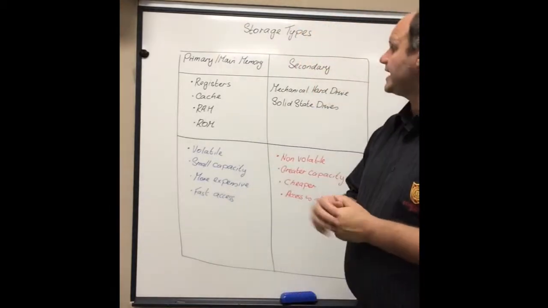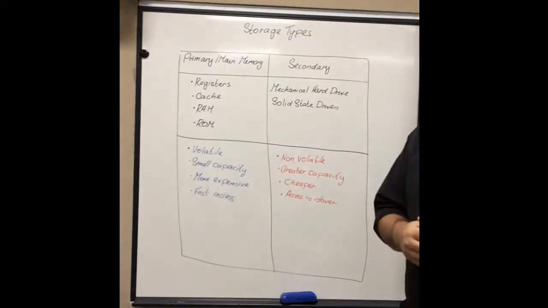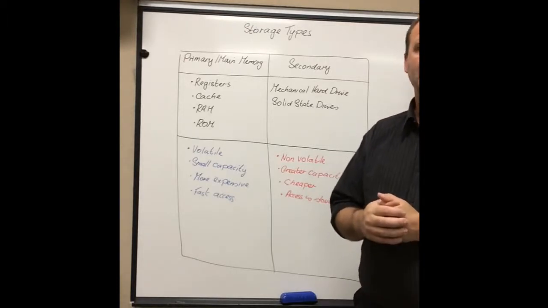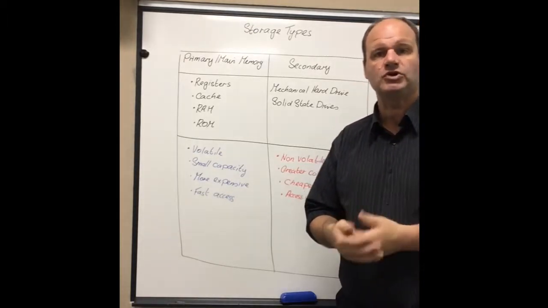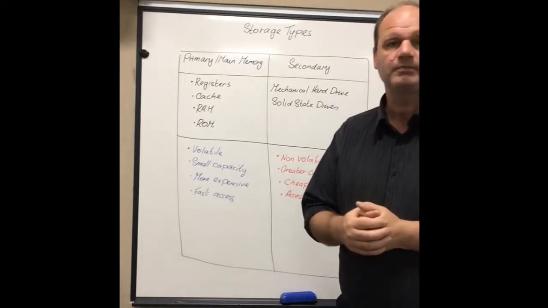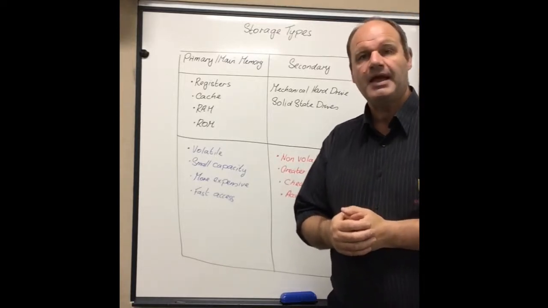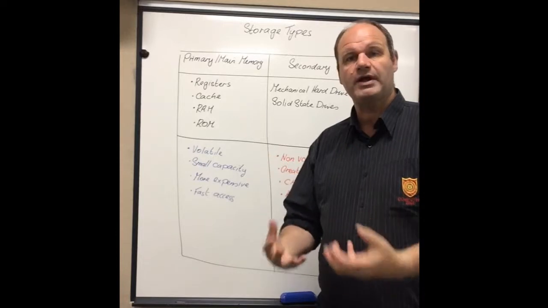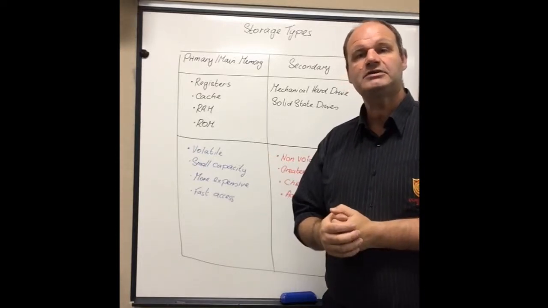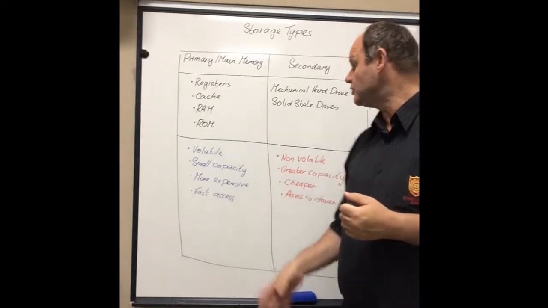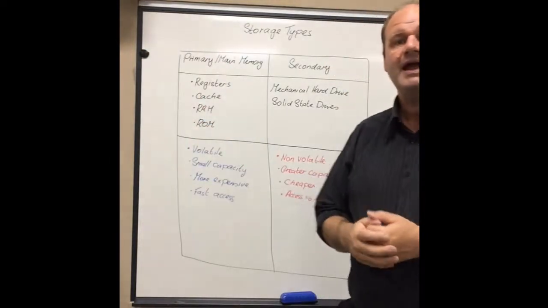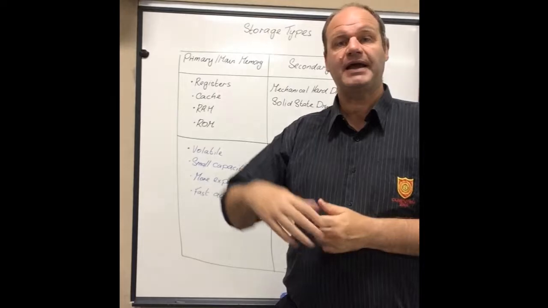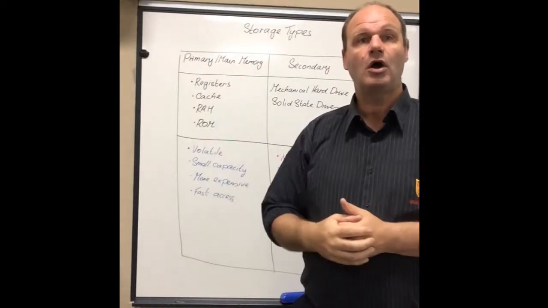The next one down is RAM, random access memory. Random access memory is working storage used by the CPU. So for example, any applications that we are currently using are copied from the hard drive into RAM. And that enables us to be able to see what we want on the monitor.